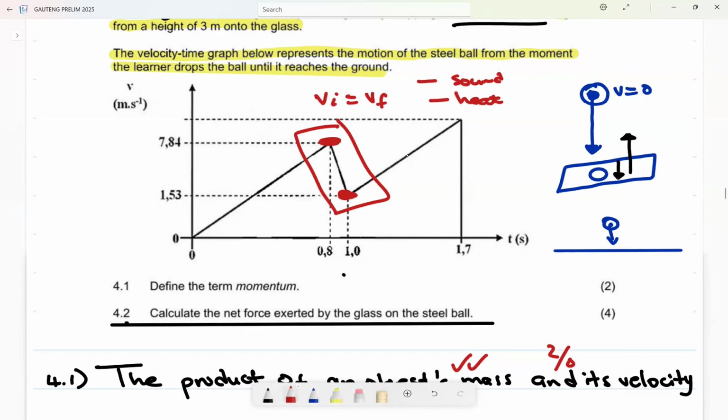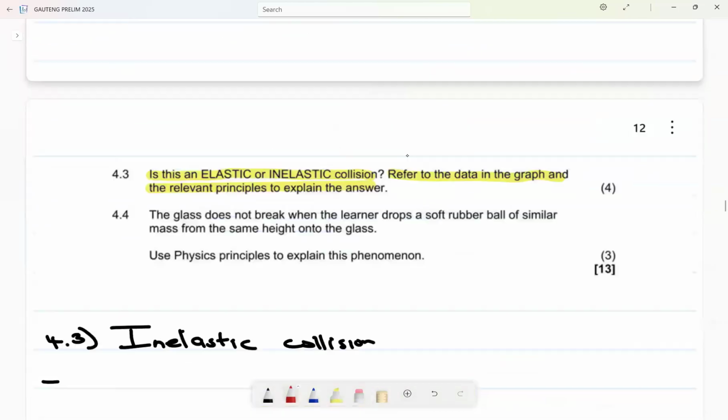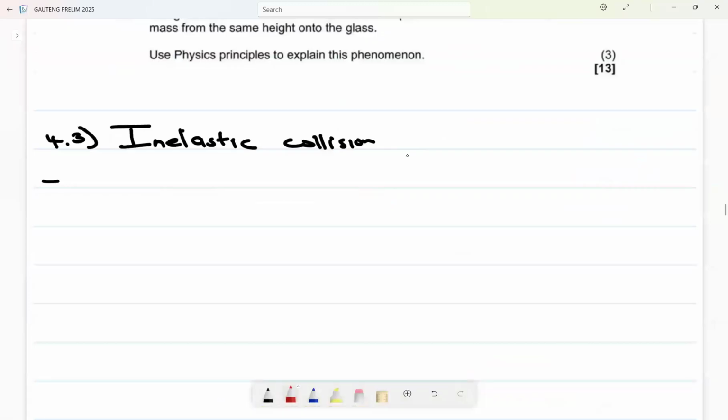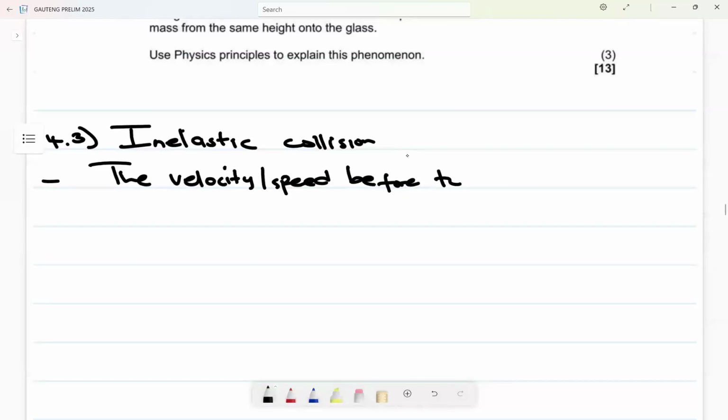It is inelastic because the velocity decreased. It is inelastic because the speed or the velocity before the collision is greater than the what?